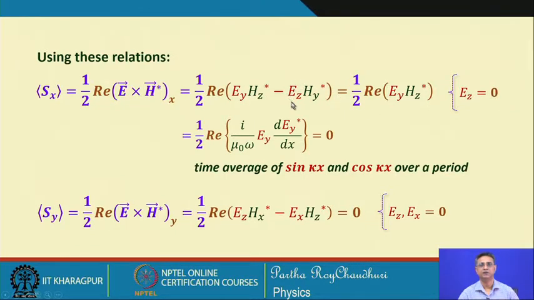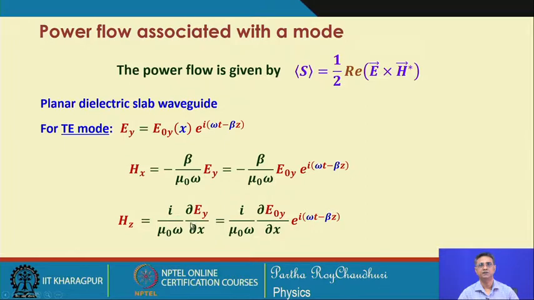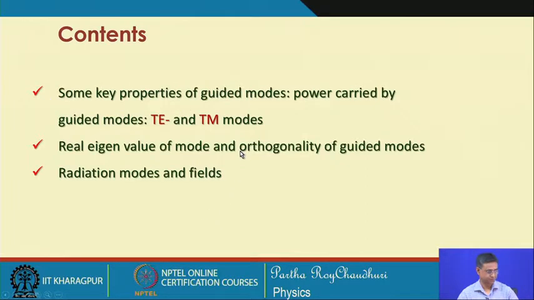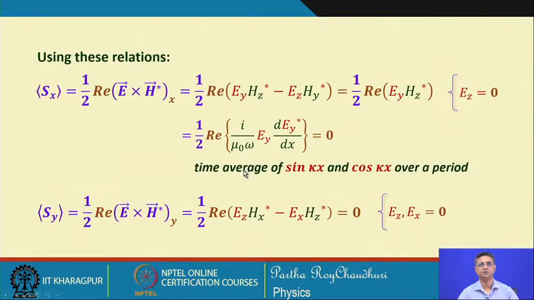So, this second quantity does not appear, only this E y H z star we will have to calculate, and then this S x becomes half of real part of this quantity, because H z star we can translate into E y using this equation. H z will be expressed using this equation.